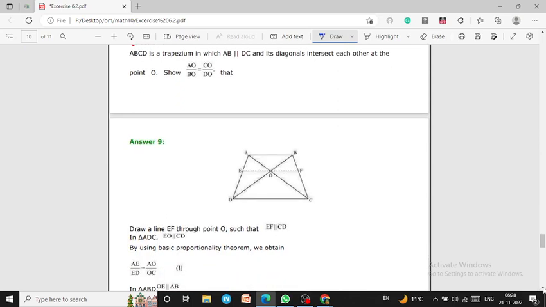In the next question, ABCD is a trapezium in which AB is parallel to DC, and its diagonals BD and AC both cut at the point O. We have to prove AO over OB is equal to OC over OD.